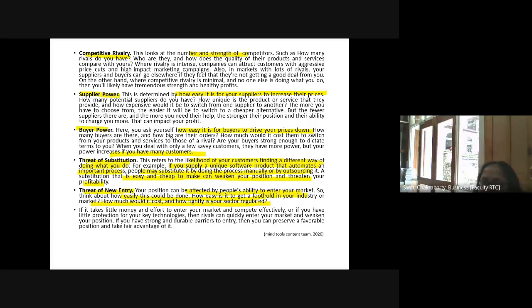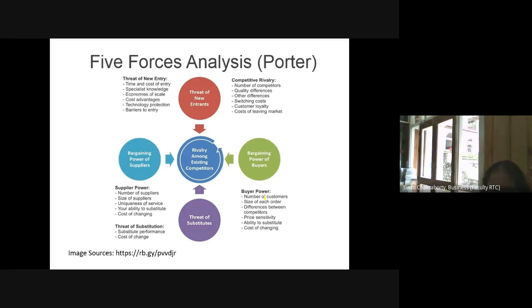If it takes little money or effort to enter your market and compete effectively, and if you have very little protection for your key technologies, then your rivals can enter the market very fast and weaken your position. But if you have strong and durable barriers to entry, then you can preserve your favorable position and take advantage of it, right?